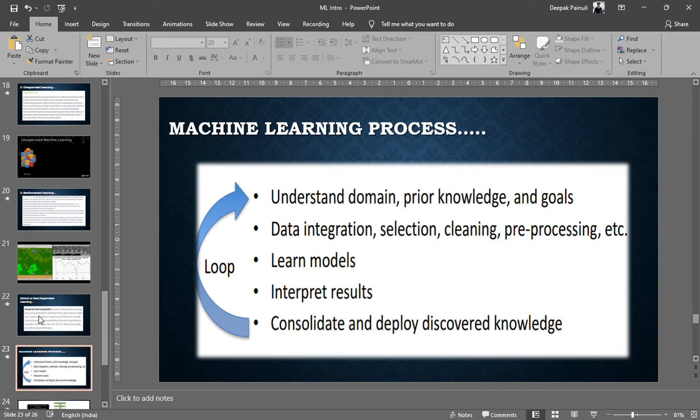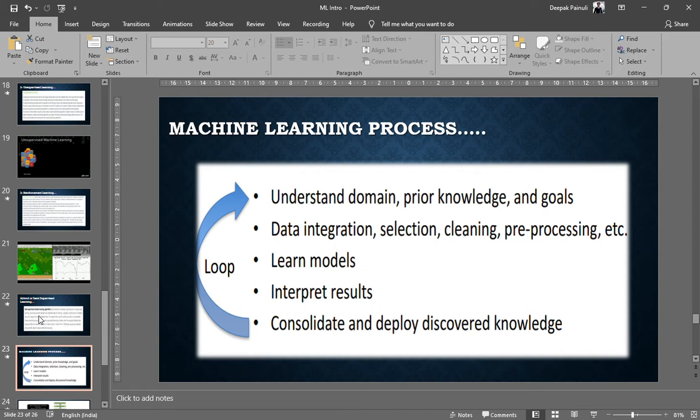Now the next step is data integration, selection, cleaning, and pre-processing. This is the major step, the main focus area in machine learning. See, the next step is that you need to collect the data, right? You need to integrate the data collected from different sources. Then you need to collect proper data.